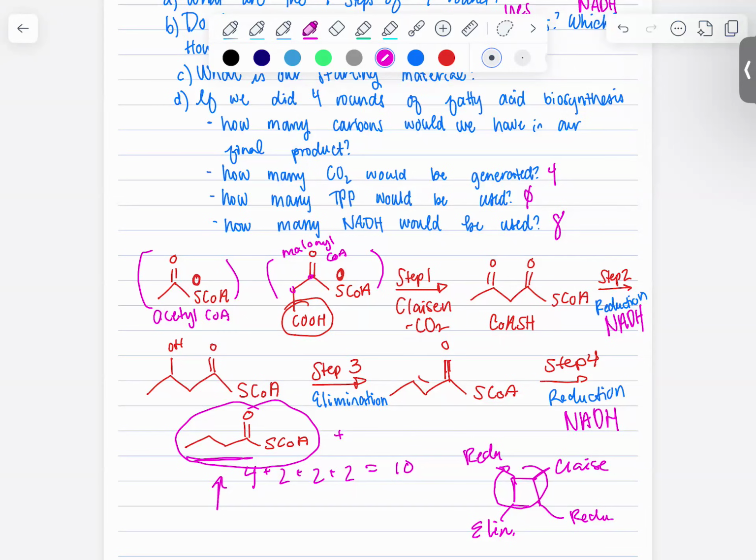So then your 3rd round. Yeah, so it would be like this. The CoA side of it is what attaches to this machinery that goes around.